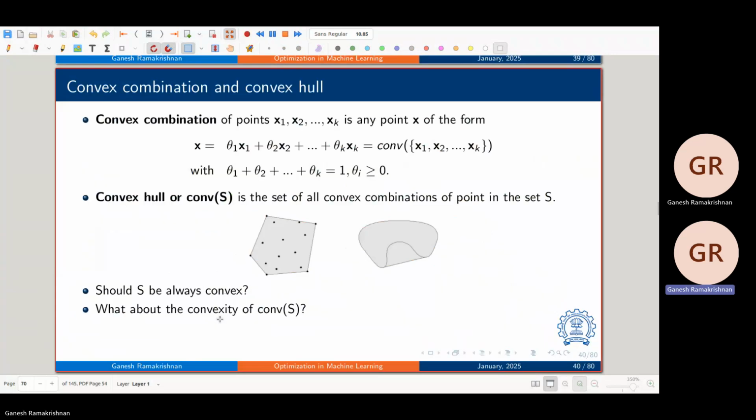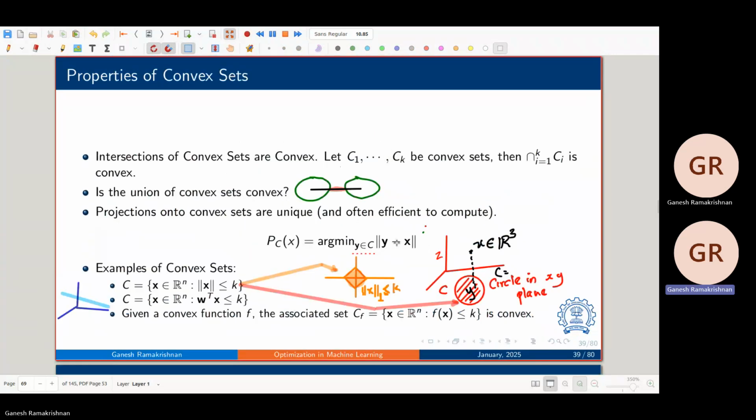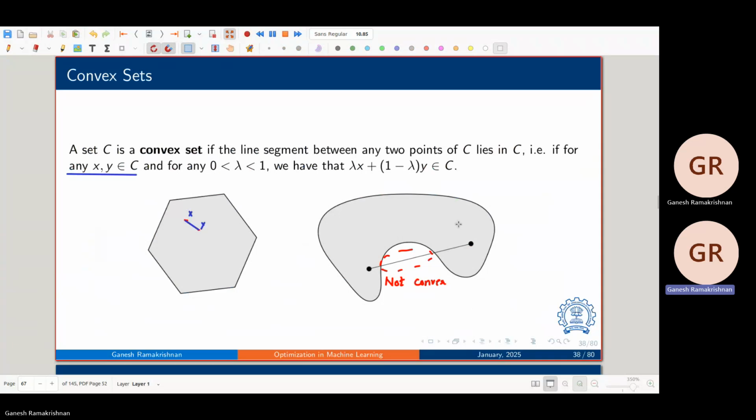Okay. Some more points. So now if I consider some set of arbitrary points and consider all possible convex combinations, then you'll get a convex hull. So if I've been given all these points and I consider all their convex combinations, then you get this hull. Likewise, earlier this set was not convex, right?